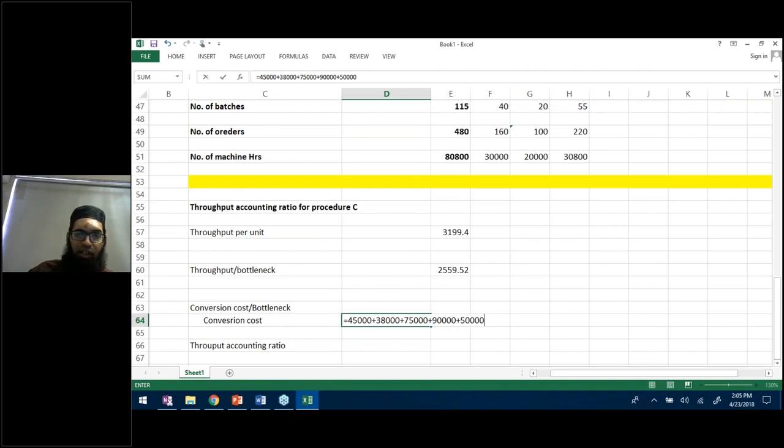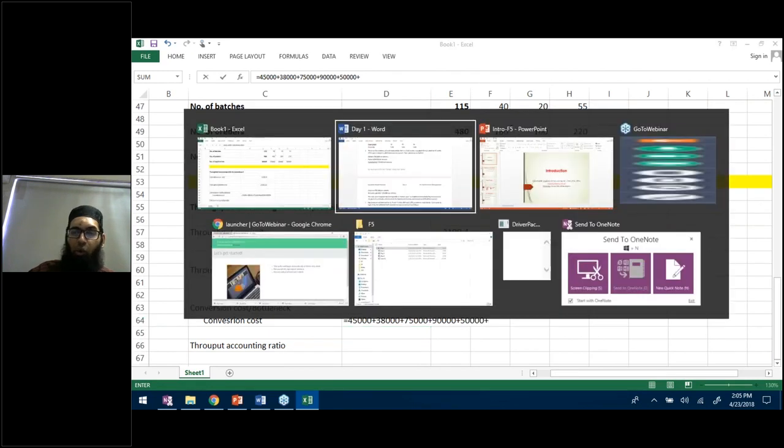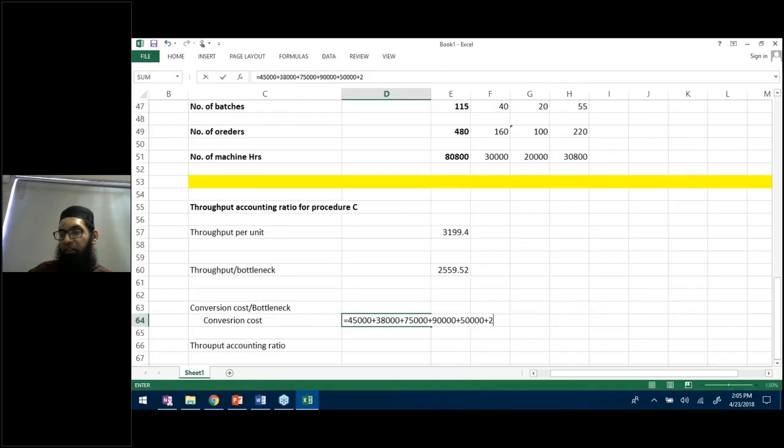So these are the salaries of the 5 operatives, and then I should also add the overhead cost of 250,000. Right? So it is 548,000 per annum.